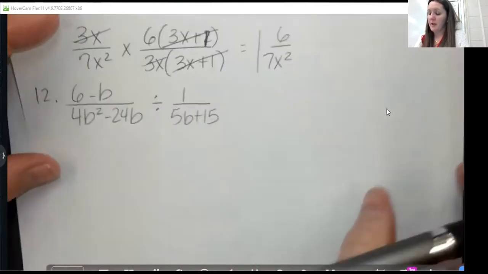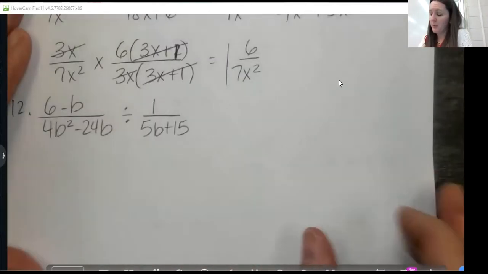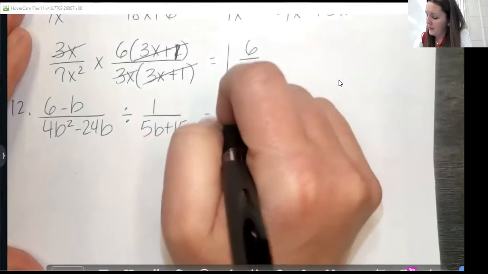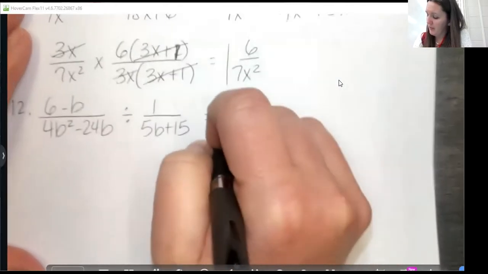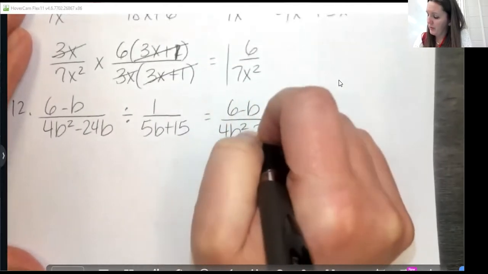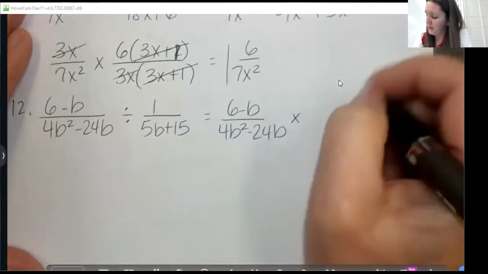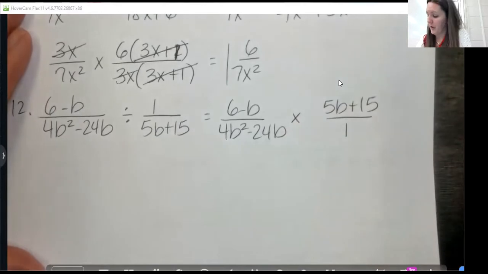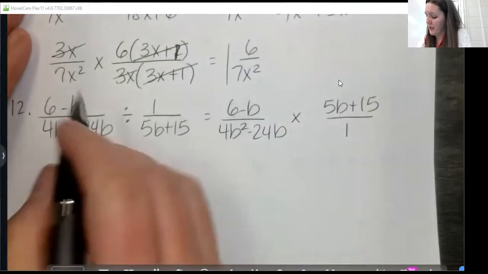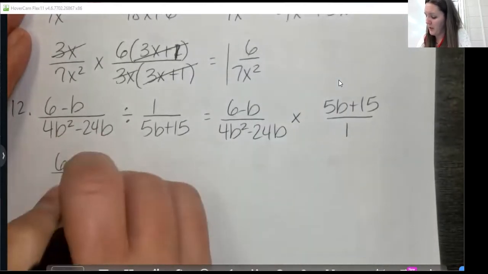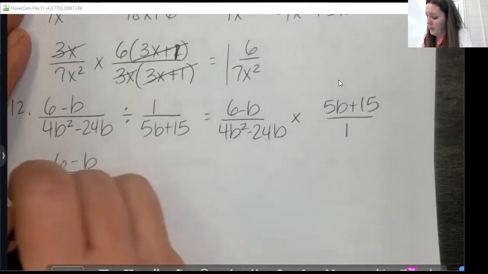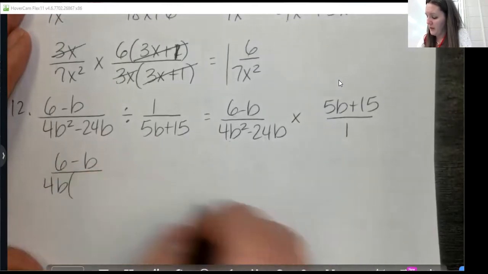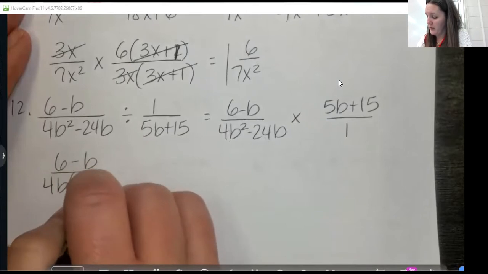So let's multiply by the reciprocal. So it's 6 minus b divided by 4b squared minus 24b times 5b plus 15 divided by 1. All right, so now let's factor. This one's already in factored form, 6 minus b. Here, I can pull out a 4 and a b, so we have a b minus 6.